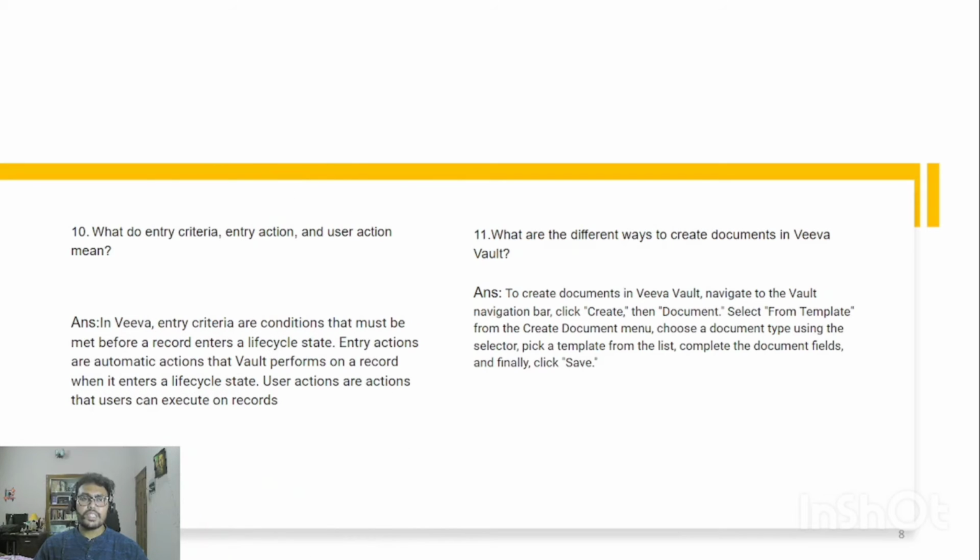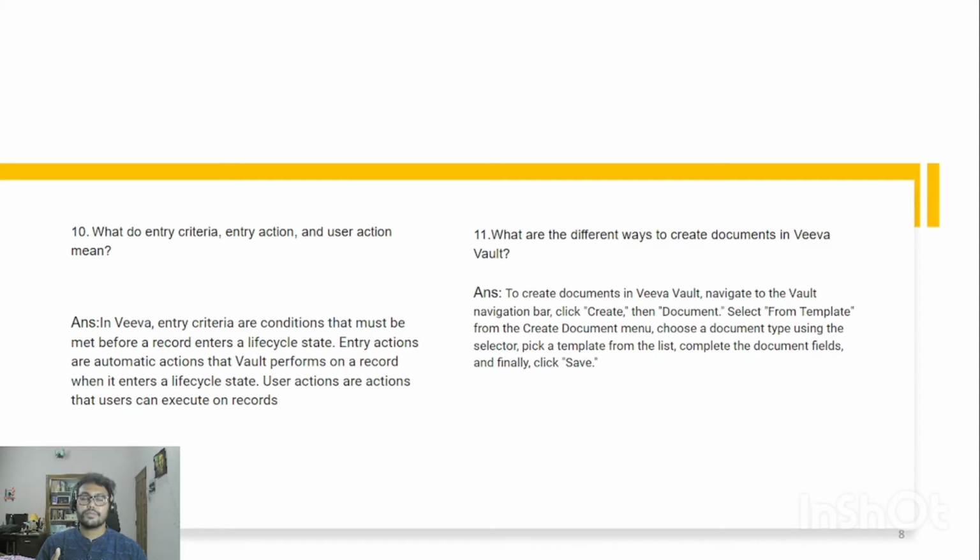So the next question is, what do entry criteria, entry action, and user action mean? This is also a very important question, I can say. Entry criteria is a condition which needs to be fulfilled before a record enters a lifecycle state. And what is entry action? Entry actions are automatic actions that will be performed on a record when it enters the lifecycle state.